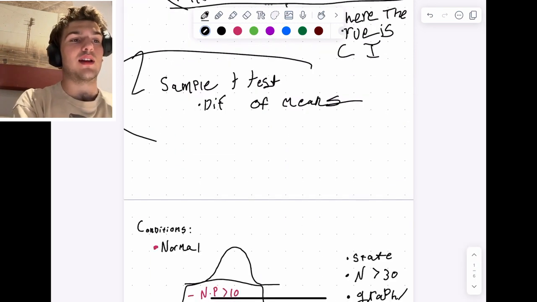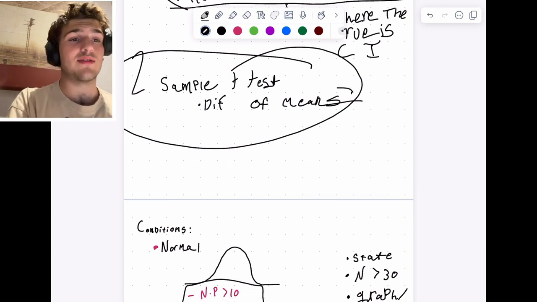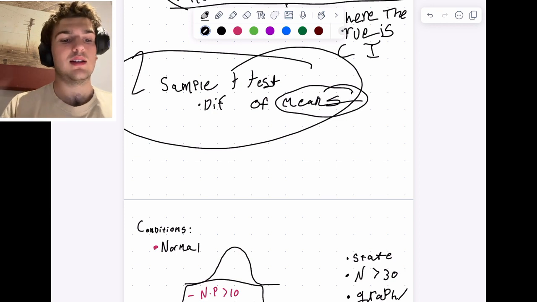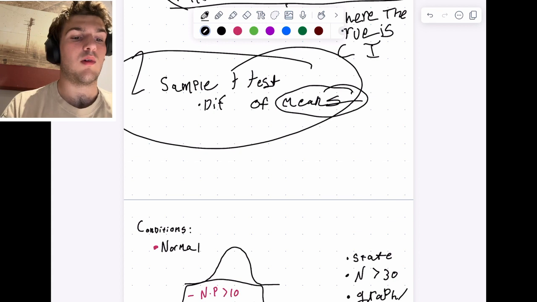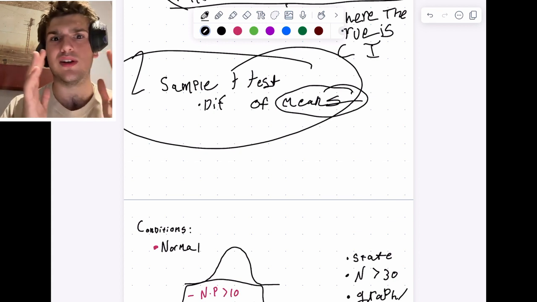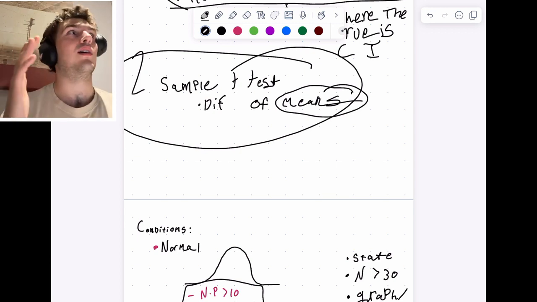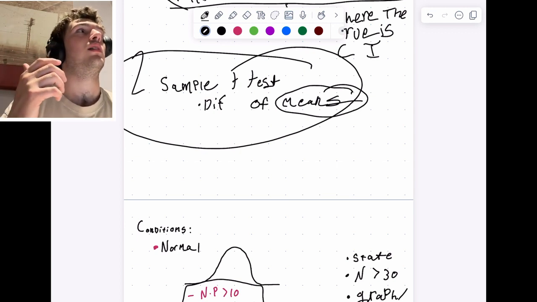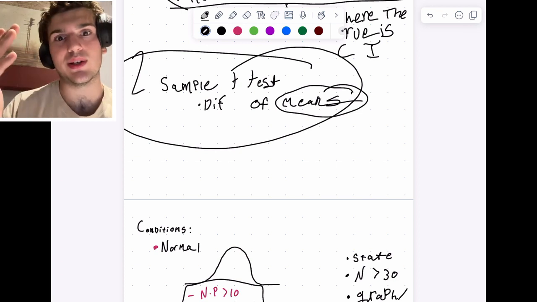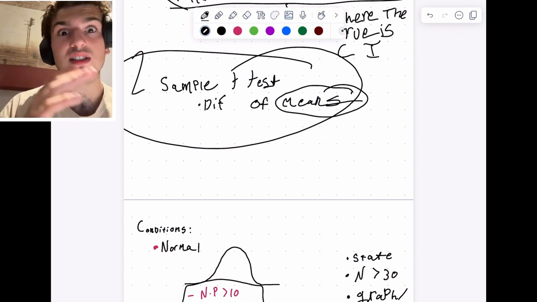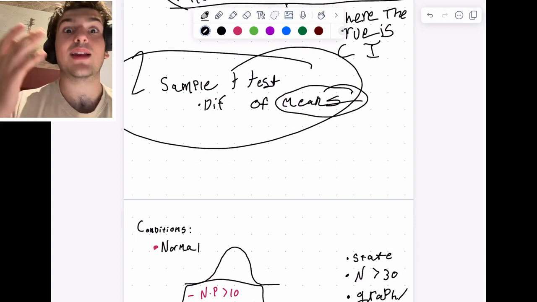And then very similarly with our two-sample t-test, we're looking at the difference of means. So assuming that the populations are alike, what are the odds of us getting two different means like this? Let's say the mean number of 4.0 students in AP Statistics class at GBN versus GBS, not mean number of 4.0, it's like mean GPA.